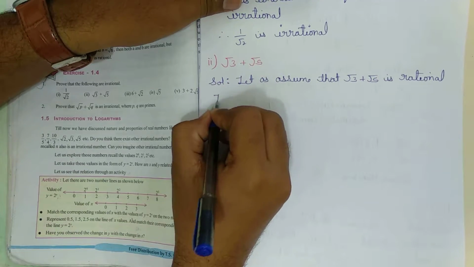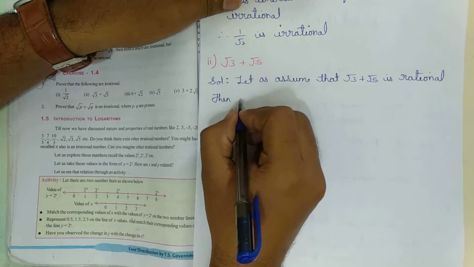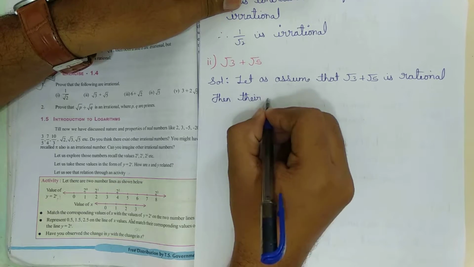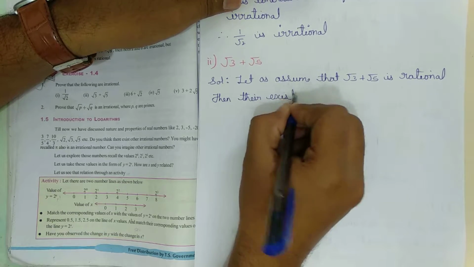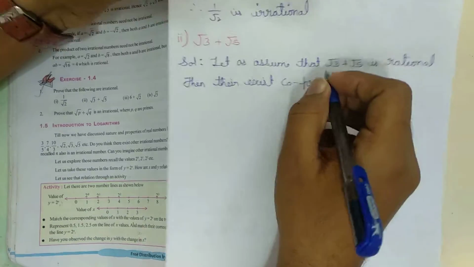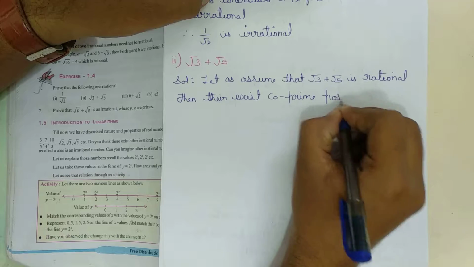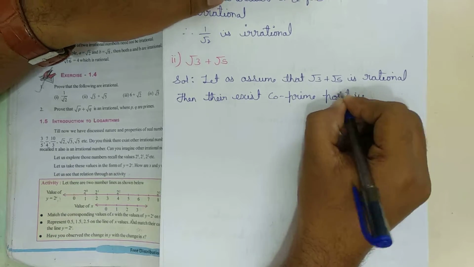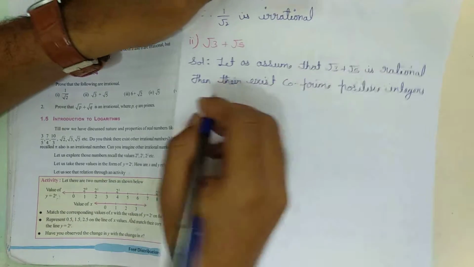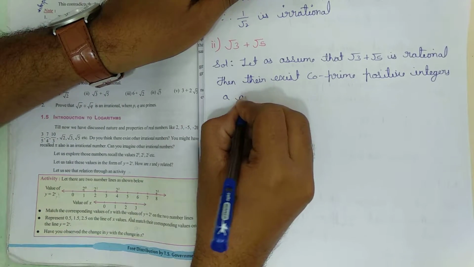Then when it is rational, there exist co-prime positive integers a and b.